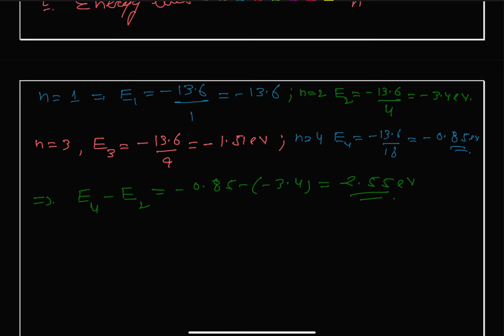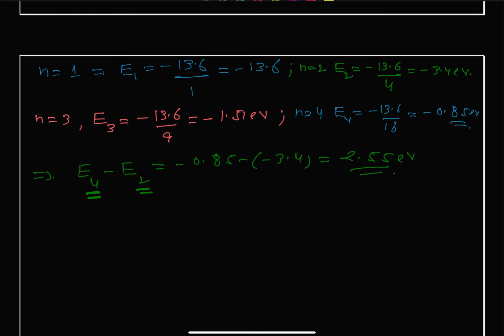So it means the quantum numbers involved are n equal to 4 and another value of n equal to 2. So we can say that the quantum numbers involved are 2 and 4.